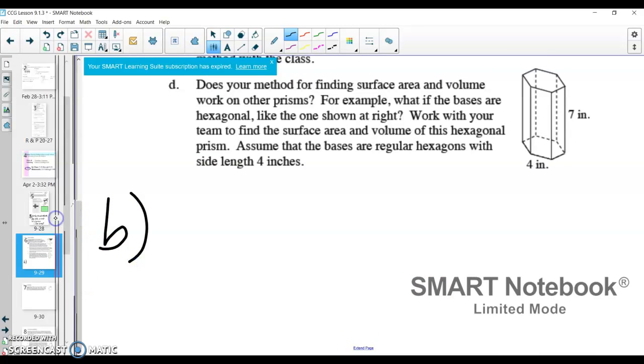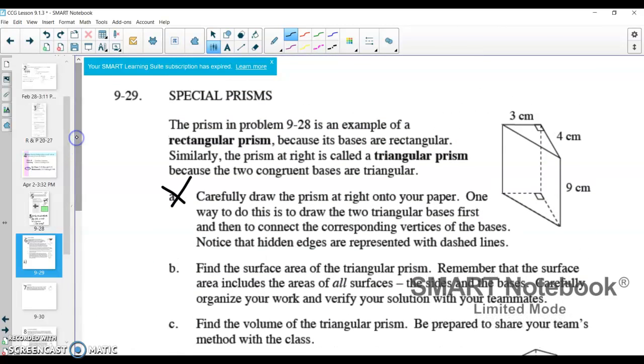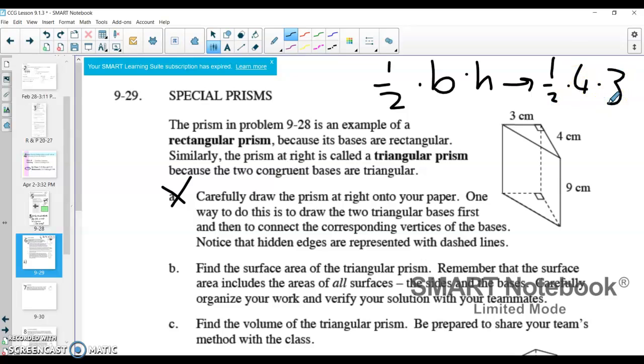So in part B, we have to find the area of the triangle on top. The triangle on top is just a right triangle, but we can find the area because we know the area of a triangle is 1/2 base times height. And so that becomes 1/2 times 4 times 3. 1/2 times 4 is 2, 2 times 3 is 6.